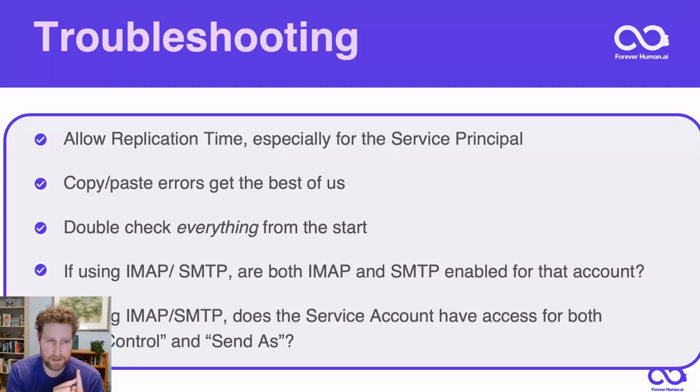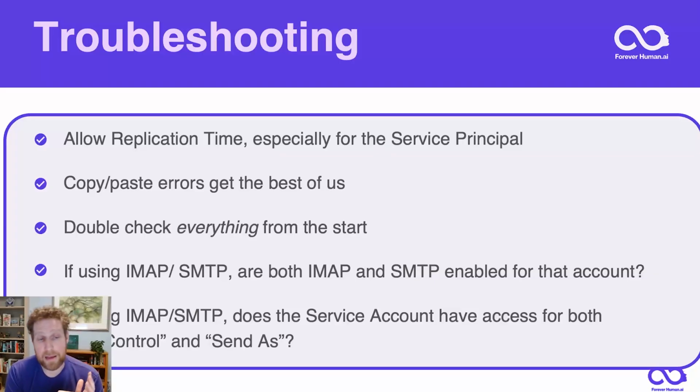The best of us are nailed by copy paste errors. I've done it. I troubleshot for 30 minutes and there was a space at the beginning of one of my email addresses. Double check anything copy paste, anything you're typing in, the scopes. I've been nabbed because I forgot the https://outlook.office.com at the beginning of my scopes in ServiceNow. They're not in Entra, but they're in ServiceNow.